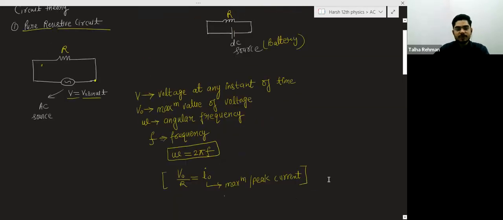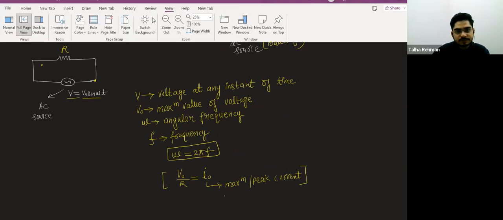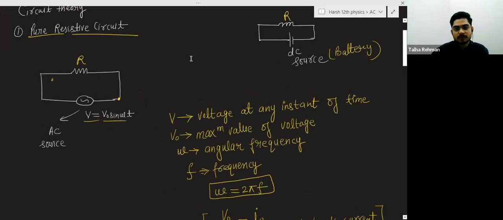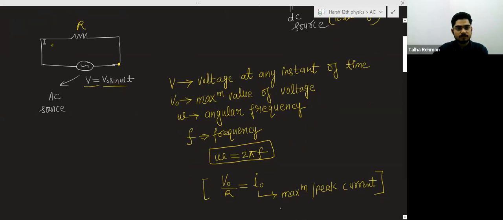Now, a very important thing we will discuss. Basically, this is a voltage source, an alternating voltage source. Due to the voltage, there will be a current in the circuit. But we know that the current will be an alternating current. The current will change at every moment in magnitude as well as direction.